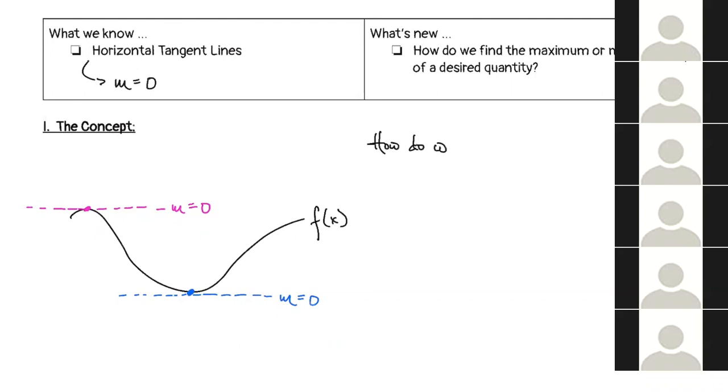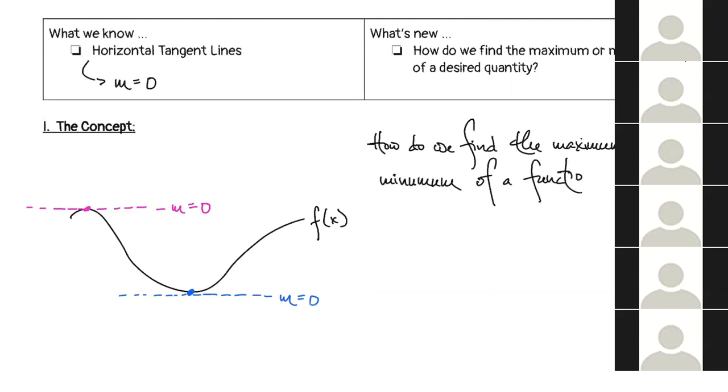How do we find the maximum or minimum of a function using calculus? Okay, so that's the question I want us to think about right now. How do we find the maximum or minimum of a function using calculus?